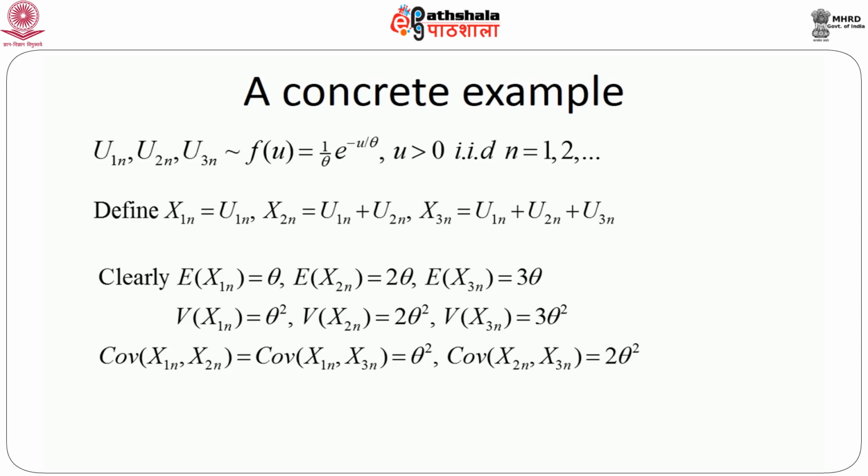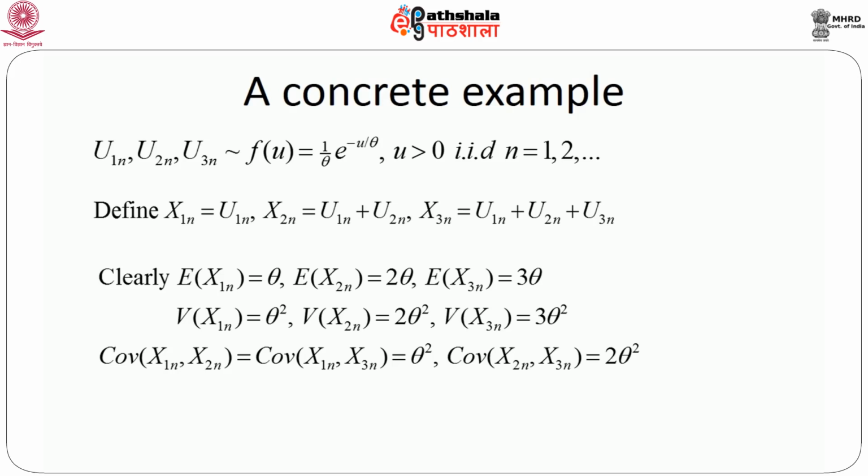Similarly, we can evaluate the covariance between x1n and x2n, which is the same as the covariance between x1n and x3n, and which is in fact nothing but theta square, and the covariance between x2n and x3n is equal to 2 theta square. So, it is clear that since theta is greater than 0, there is a proper correlation structure among the variables x1n, x2n and x3n.